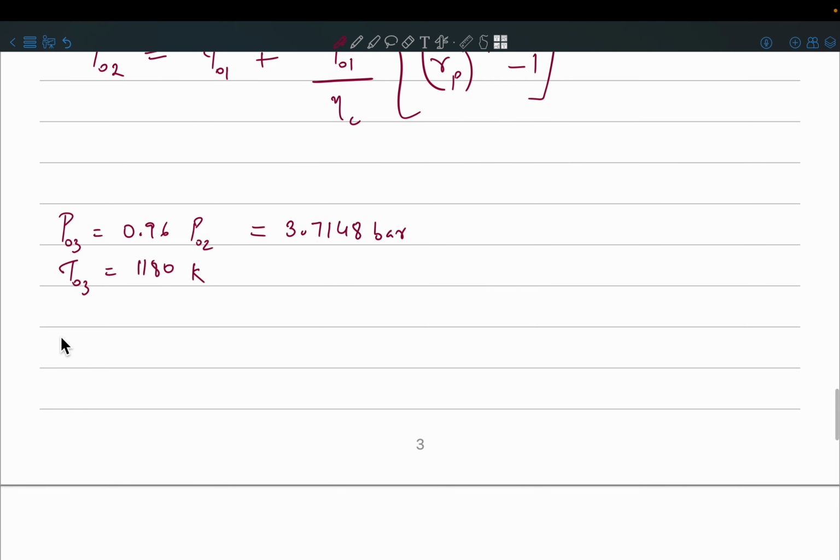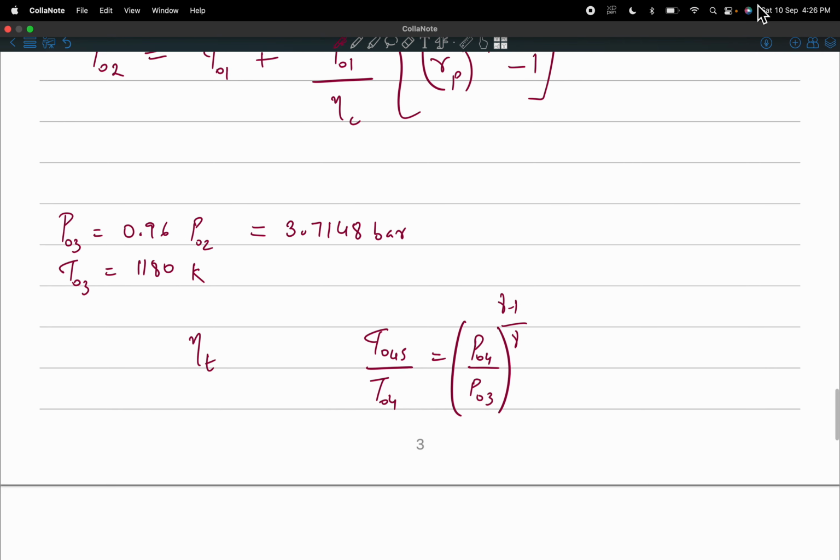So we can now find what is the value of T04. Okay, so for that, again I'm given the turbine efficiency. So using the turbine efficiency and using isentropic relation, so first we can have T04S by T04 is equal to P04 by P03, and this to the power of gamma minus 1 by gamma.